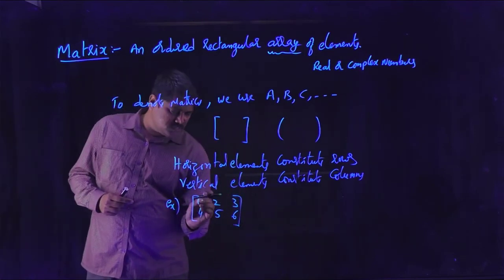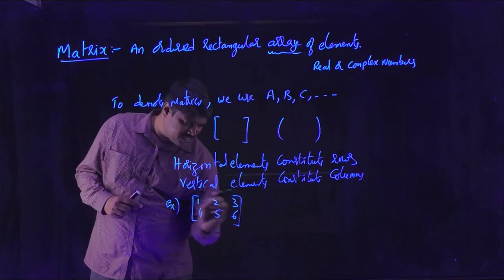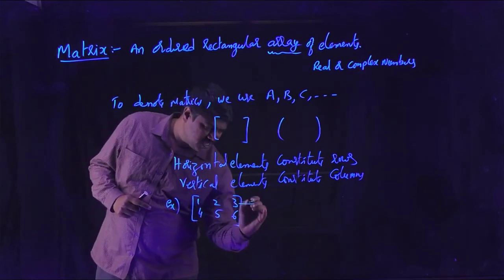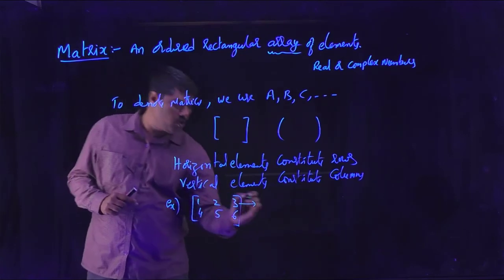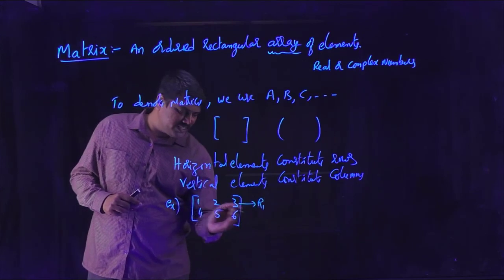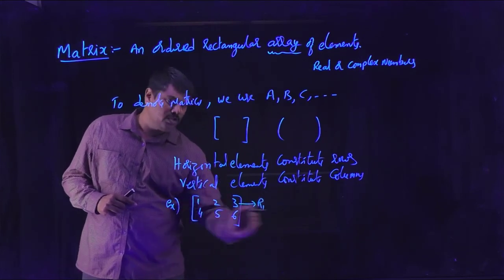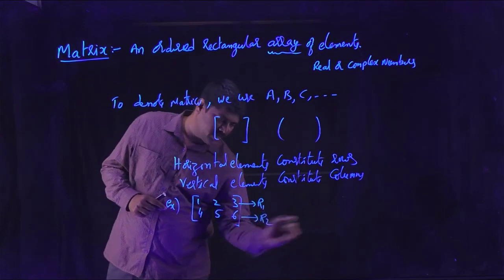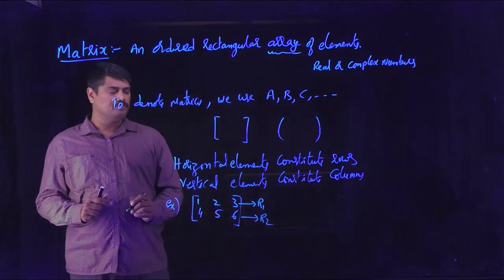Here you observe, I write the numbers 1, 2, 3 in horizontal manner. So this constitutes a row and we call it R1, row 1. And 4, 5, 6 are arranged in the second horizontal line, so that is the second row, R2.